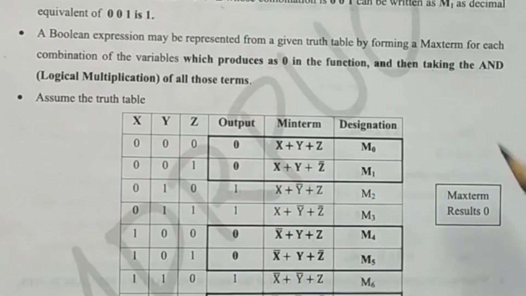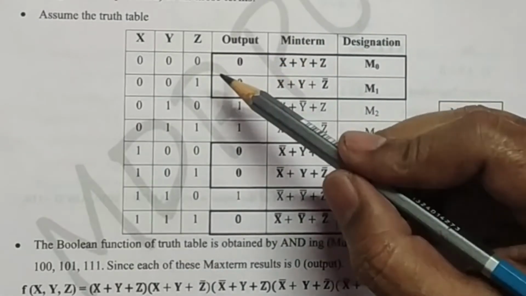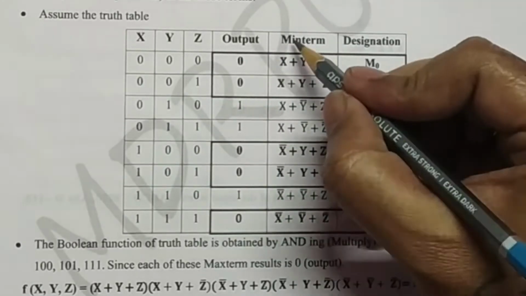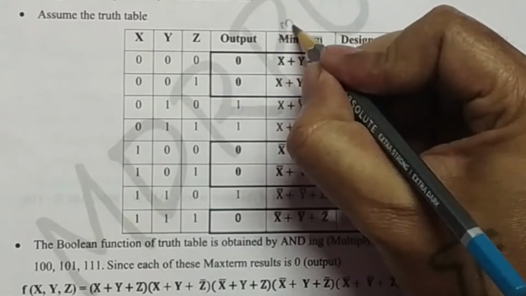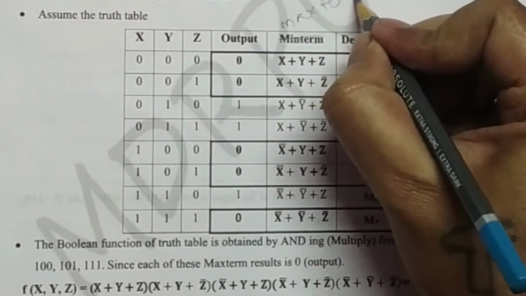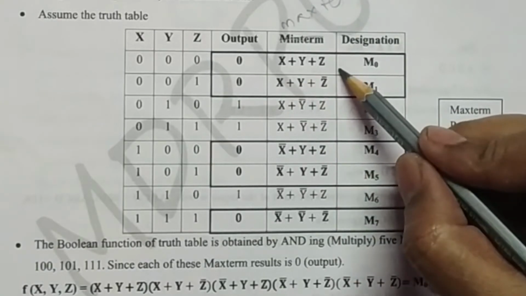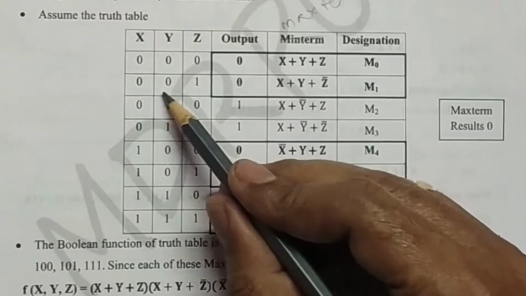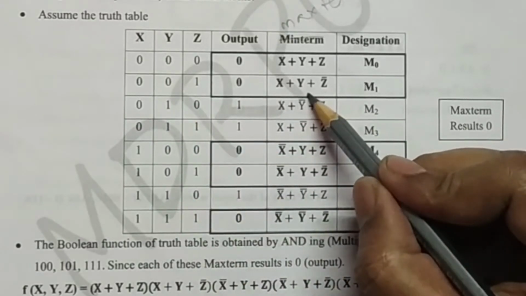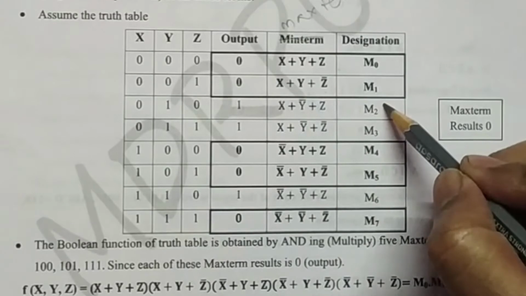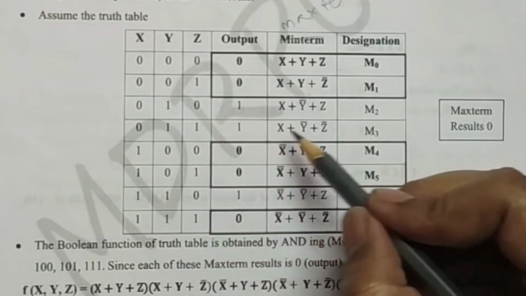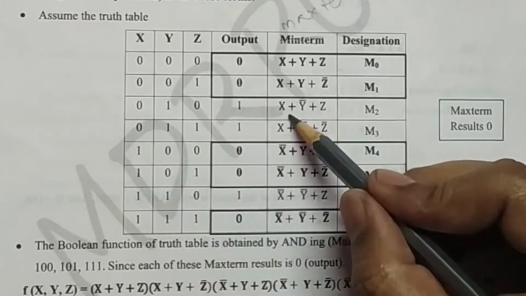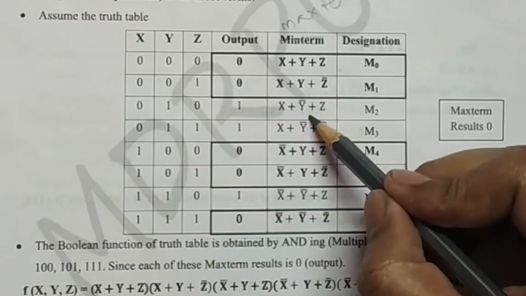For example, in the truth table, you can see there are max terms, x plus y plus z, x plus y plus z bar, since it is 0, 0, 1, that is m1, again 0, 1, 0, that is x plus y bar plus z, so 0 means normal form, 1 means complemented form.